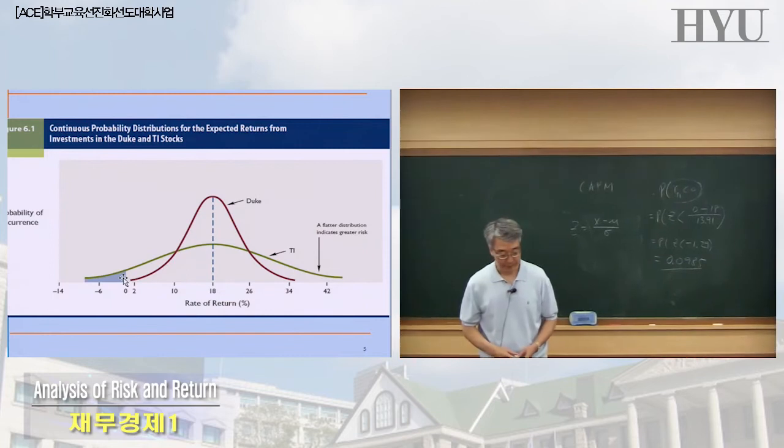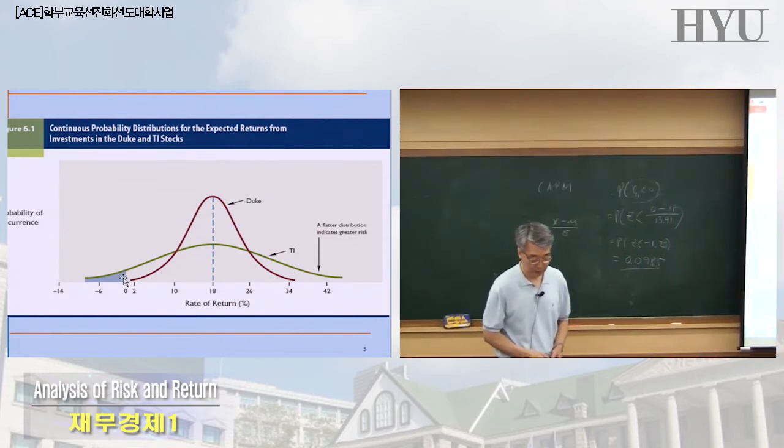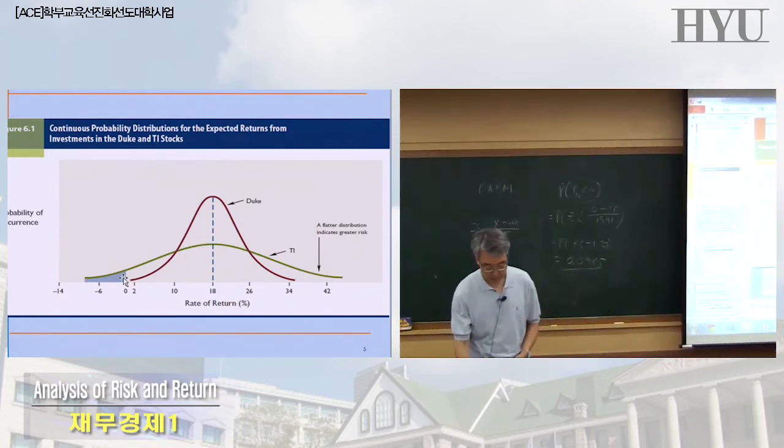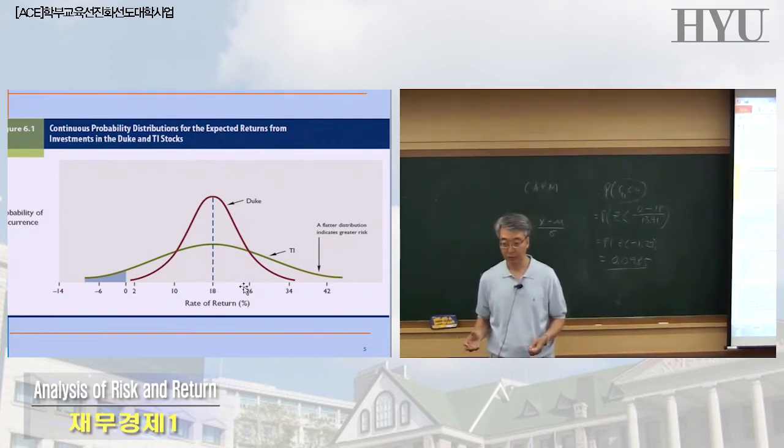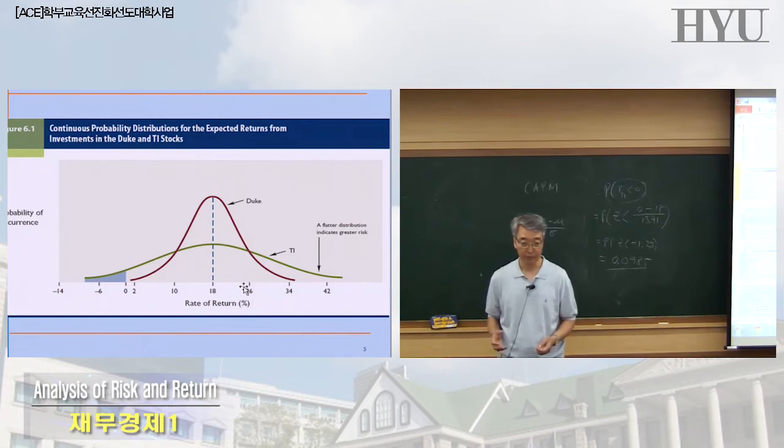TI stocks. Again, you have to understand the assumption. This conclusion is purely based on two numbers, the mean and standard deviation of TI stock returns, okay? We don't actually know the actual shape of the distribution.